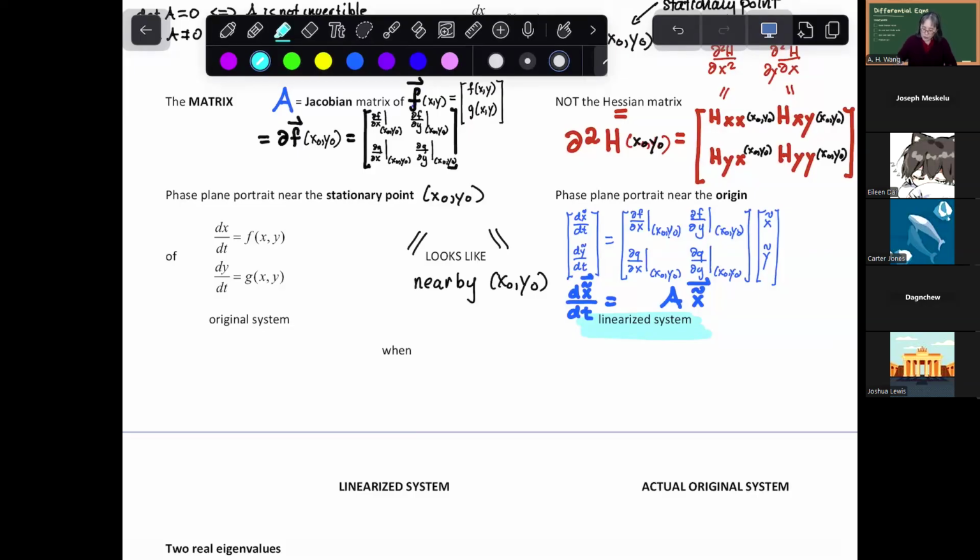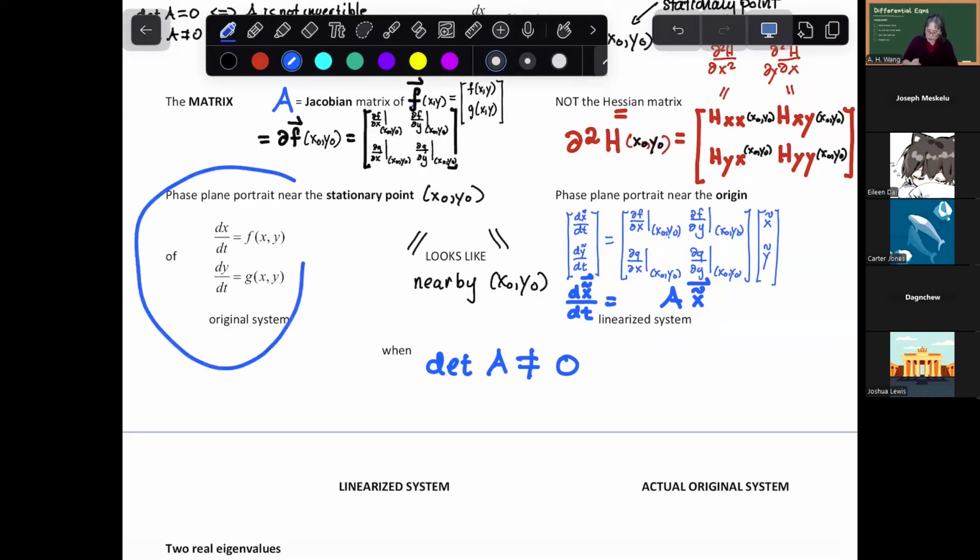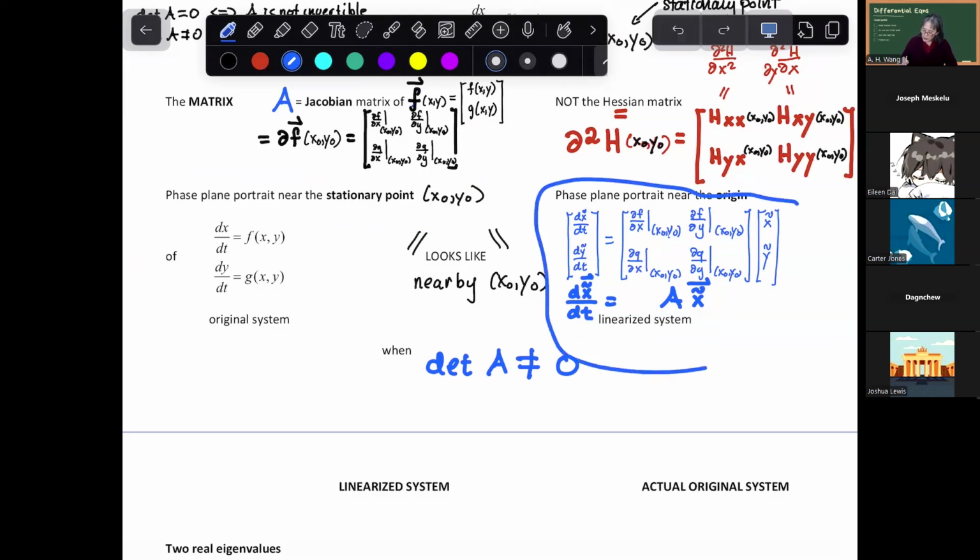And it works when the determinant of A does not equal 0. So the phase plane portrait near a stationary solution of the original system is going to look like the phase plane portrait near the origin of the linearized system, and we have a new origin. The new origin is going to be at x naught, y naught. That's the main idea. So we're putting everything together now.